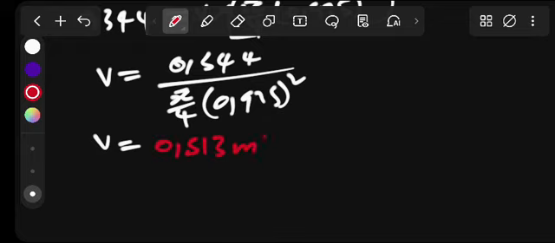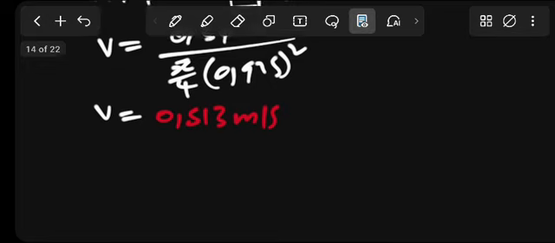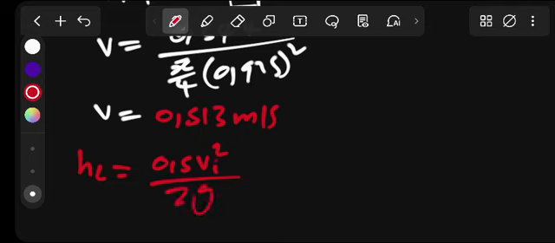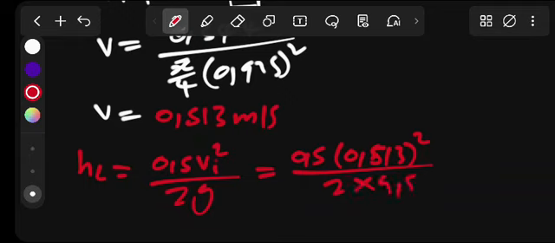Then our velocity there will simply equal 0.513 meters per second. The reason I was calculating this is because the loss there will be, as I showed you, 0.5 v squared divided by 2g. So we have 0.5, our velocity 0.513 squared divided by 2, gravity is 9.81.